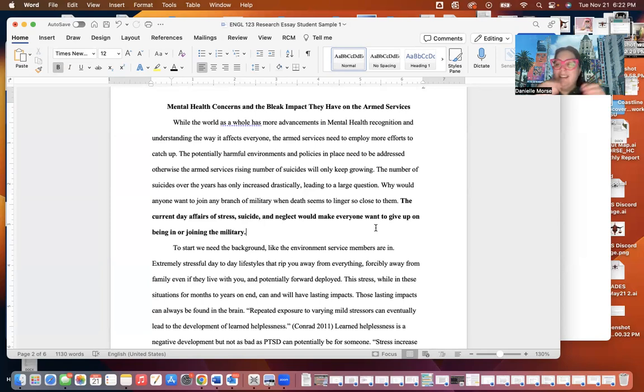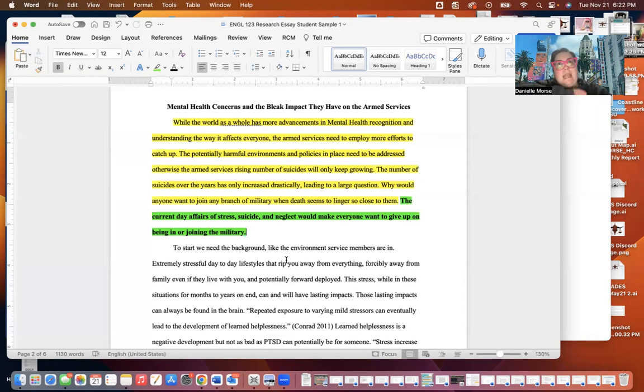This is also what we call a disconnected thesis, because it's not connected to the rest of the paragraph. When we talk about introductions, we have the introduction and then we have the thesis statement. The thesis statement should be restating, in one sentence, and sometimes a very long sentence, everything you've already presented in the introduction in all the yellow.